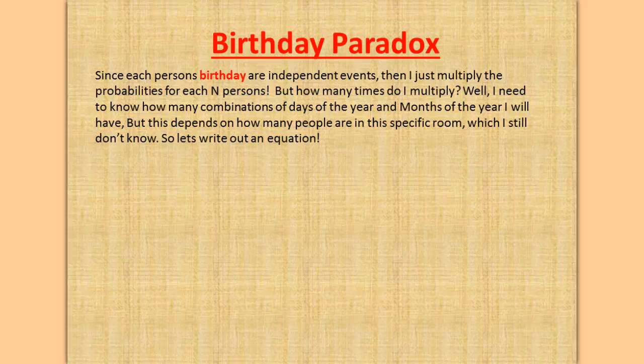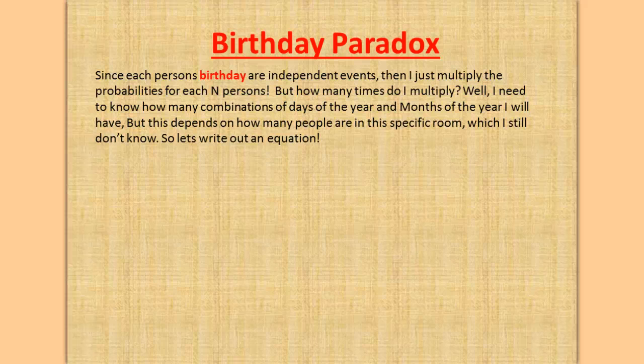Since each person's birthday are independent events, then I just multiply the probabilities for each n persons. But how many times do I multiply? Well, I need to know how many combinations of days of the year and months of the year I will have.